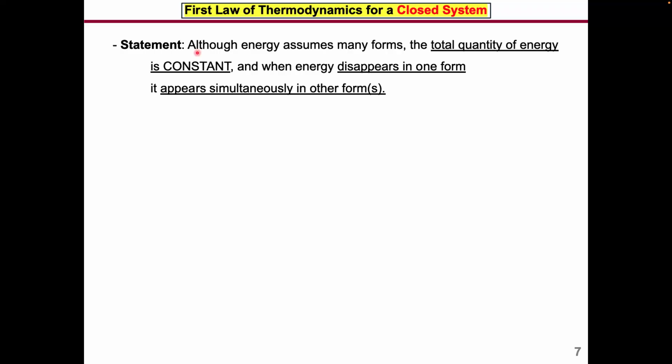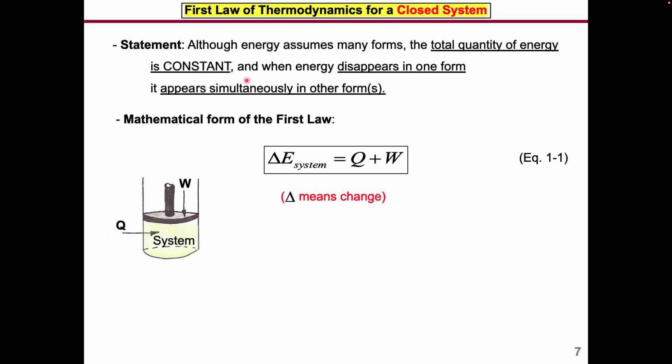Although energy assumes many forms, the total quantity of energy is constant. And when energy disappears in one form, could be heat, could be work, it appears simultaneously in other forms, meaning that the total quantity of energy is constant. So energy is conserved. This is essentially the first law of thermodynamics for a closed system, okay?